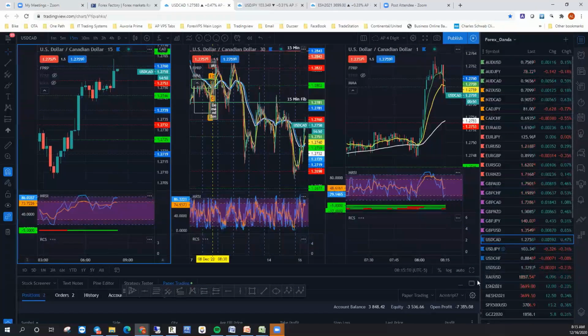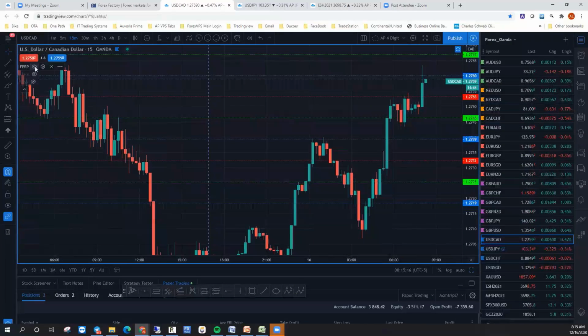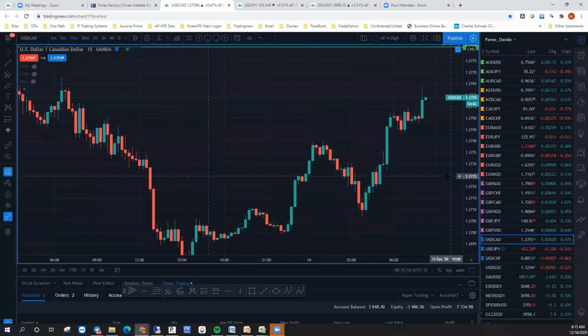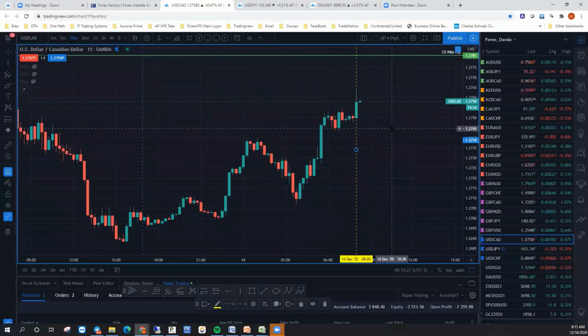We're going to get on the 15-minute chart. Take all of our tools off, make it big. Find 8 o'clock. It was an ascending wedge. We're looking like it's trailing to the higher highs and higher lows.